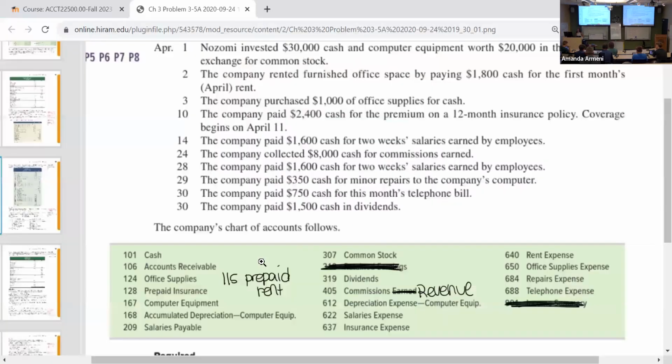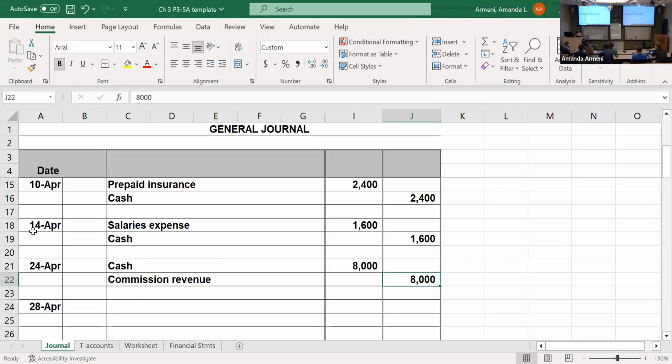What about the 28th? This looks familiar. The company paid $1,600 cash for 2 weeks of salary earned by employees. We just did that, right? Tim, what did you have us do on April 14th? Salaries expense and cash.